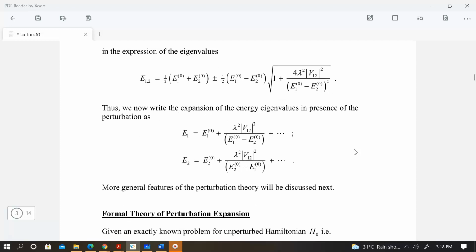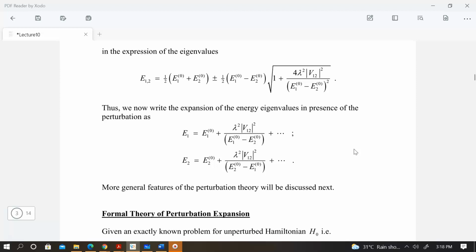More or less this is quite simple because it's a two-dimensional Hilbert space problem, so you can always solve it. In fact, you can solve it to many orders if you want to.